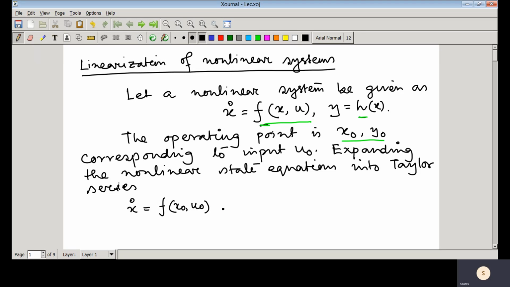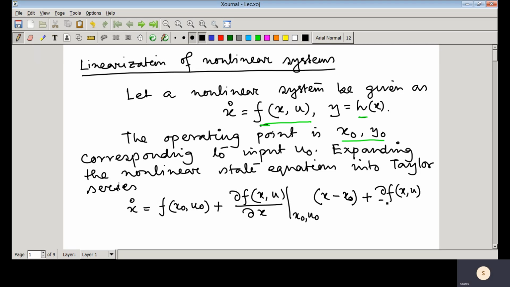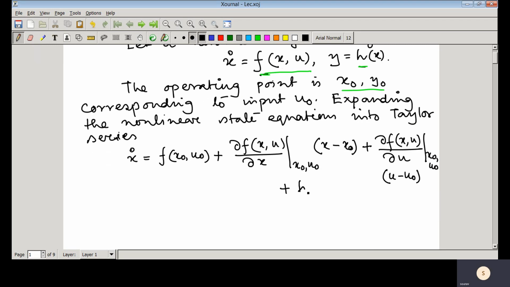Then you take the partial derivative of the function f(x,u) with respect to x, calculated at the operating point x0, u0, times the small perturbation with respect to x0. The other term is del f by del u at x0, u0, times the small perturbation with respect to u0, plus all higher order terms.